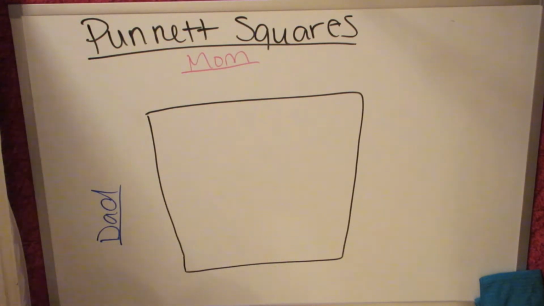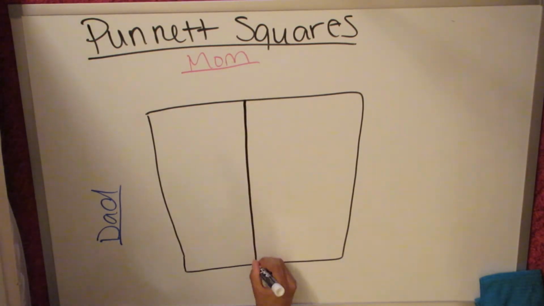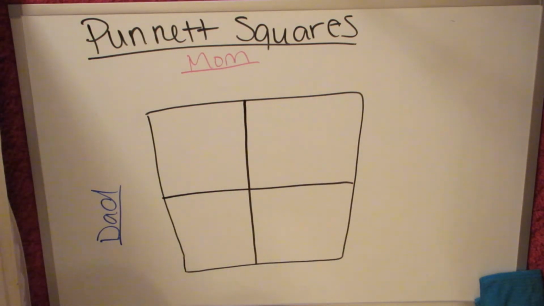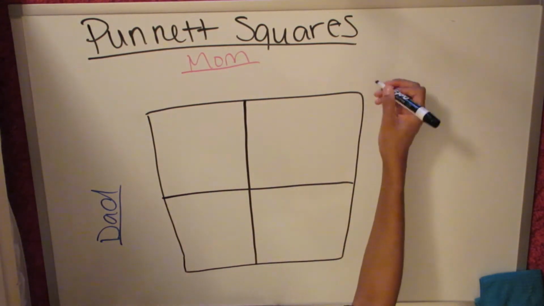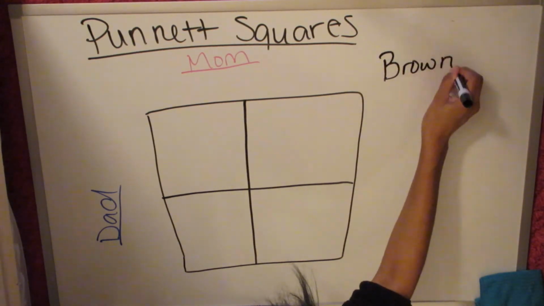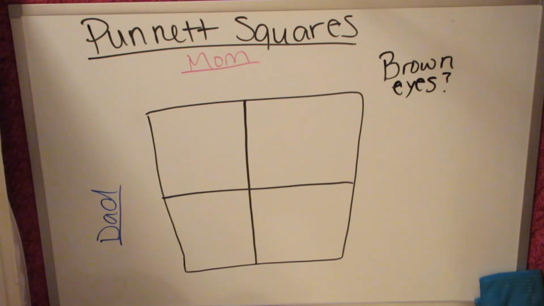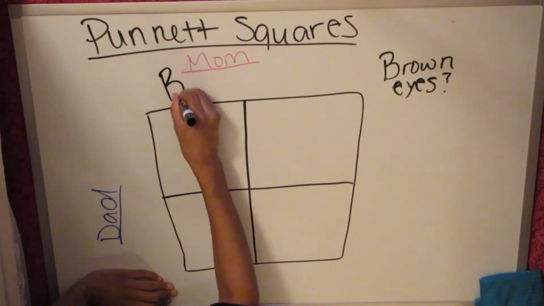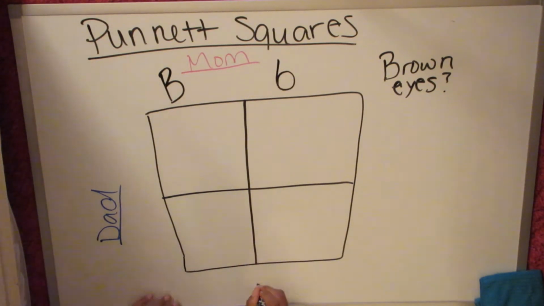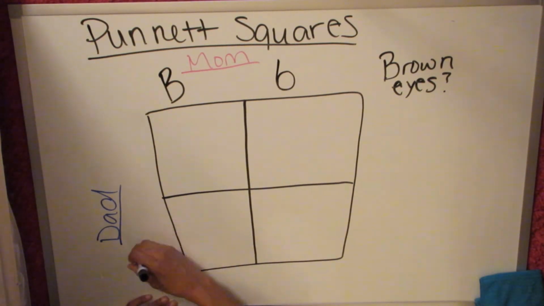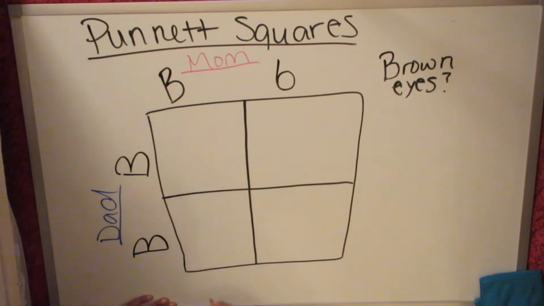So let's say we want to know right now what the chances of an offspring having brown eyes is. We're going to say that mom is big B, little b, and that dad is big B, big B. You're going to put each letter, match it up with the box that it belongs to.